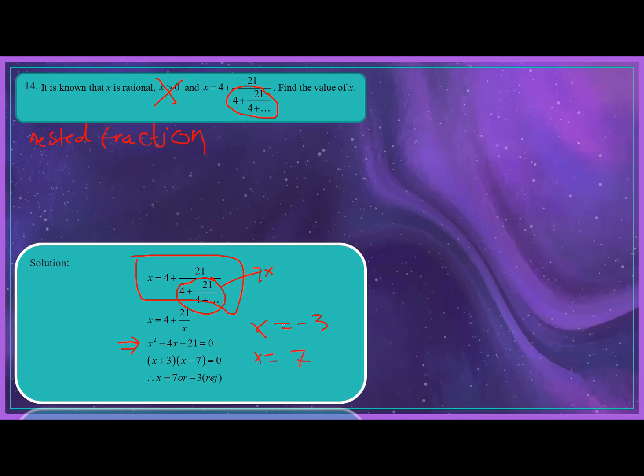Now x equals 4 plus 21 over 4 plus 21 over 4, basically you're just adding positive numbers, so you are expecting a positive number also. So negative 3 should be discarded and rejected. So you have x equals 7 here.